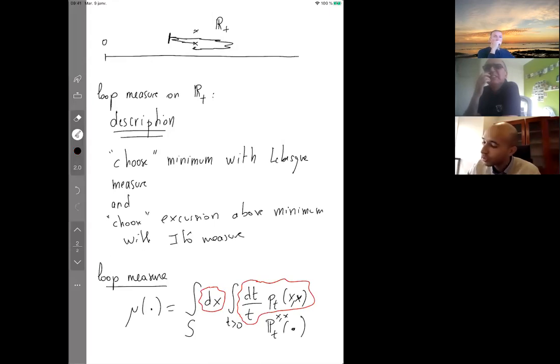You see that it has a nice expression when you reroute the loop at the minimum. You just take the minimum with respect to the Lebesgue measure on R plus, and then you choose an excursion above the minimum with the Ito measure of the standard Brownian motion.